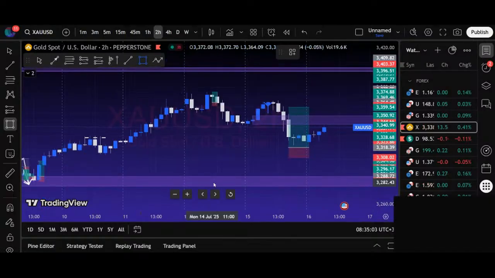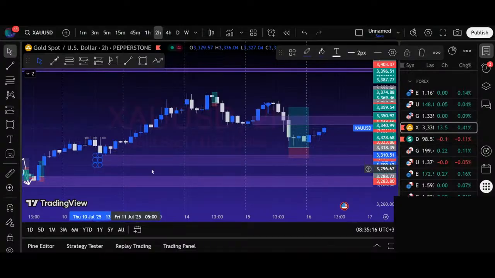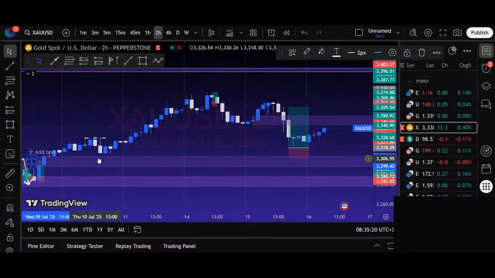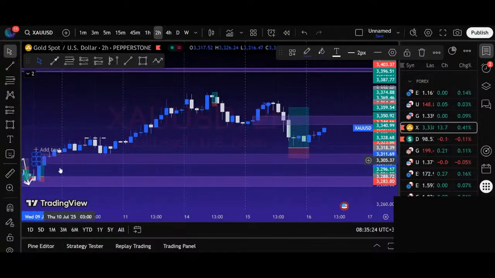It's basing its analysis on a higher time frame, not lower time frame. So the demand zone is around there. I guess this one here is the basing candle. I'm not even sure.